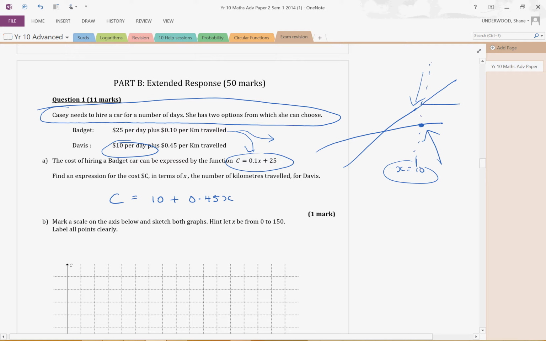This one over here is more expensive, isn't it? So the whole point is you might have to find an intersection, and we'll have to solve.